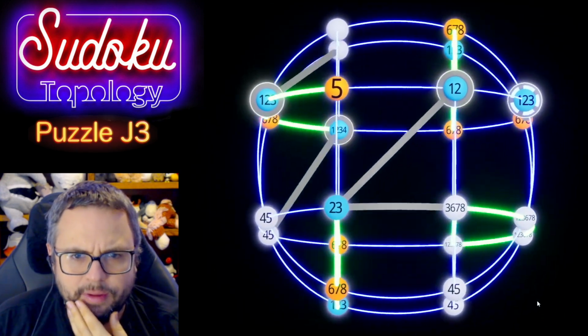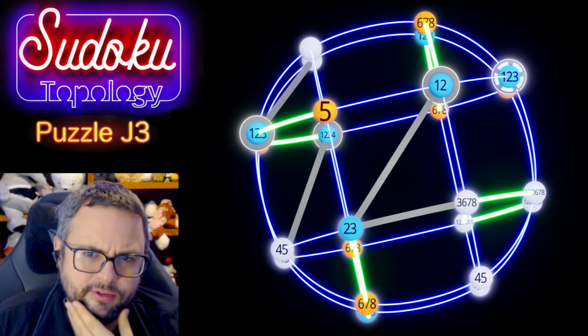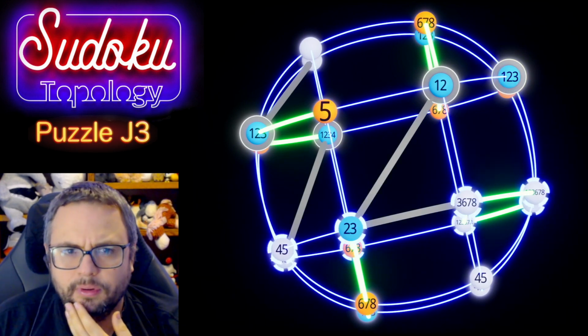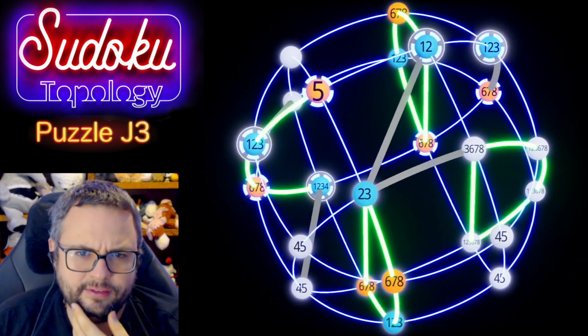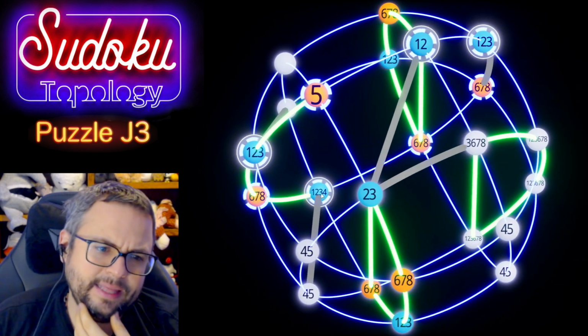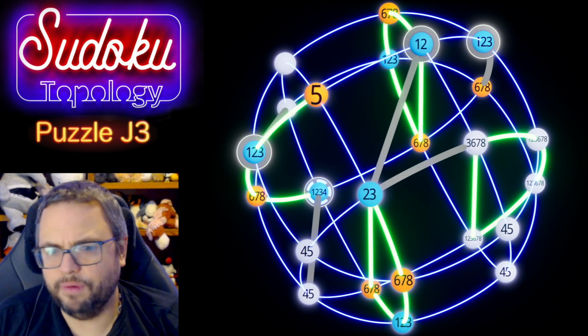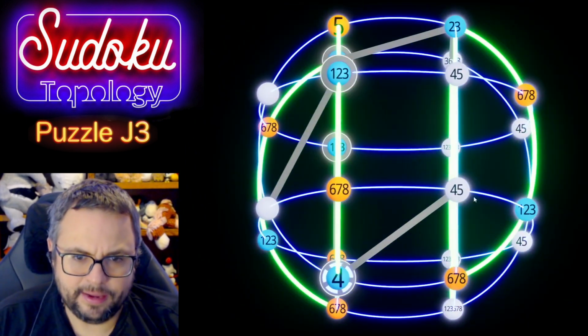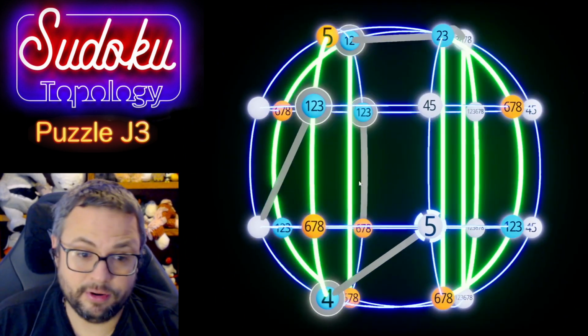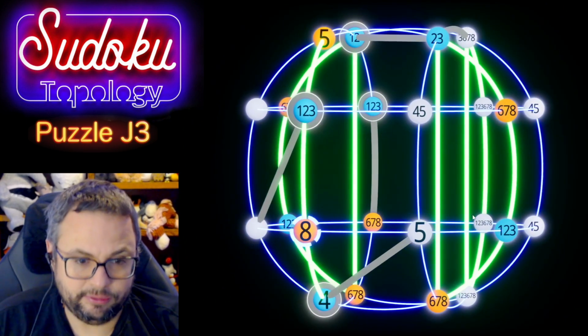That does do something. Which is to give me a 1, 2, 3 triple in this slice now, meaning that this is definitely a 4, which is going to do a lot of damage because it makes that a 5 by thermo and makes that an 8 by whispers.